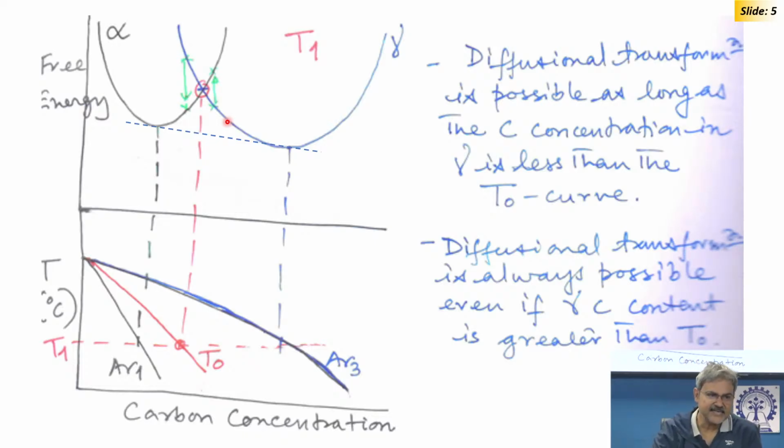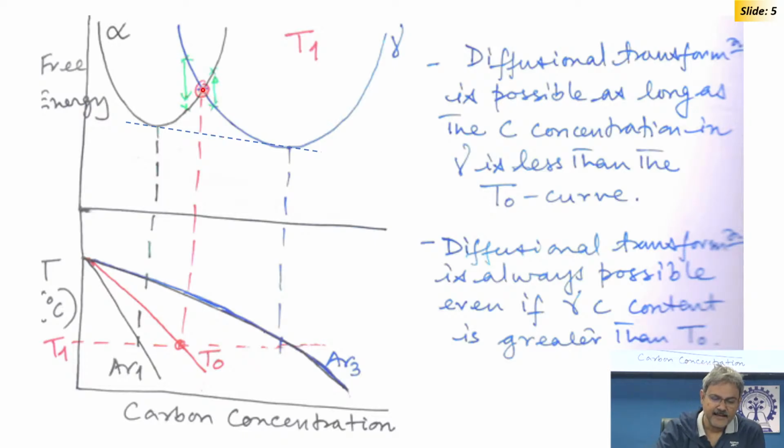Here the answer is you have one choice left: you transform it into a mixture of ferrite and, on this side, cementite, which can be represented by a line which in equilibrium will follow this. If you extend this straight line, it will meet its free energy. So, it can dissociate into ferrite and cementite, by which you can reduce the free energy of the entire system.